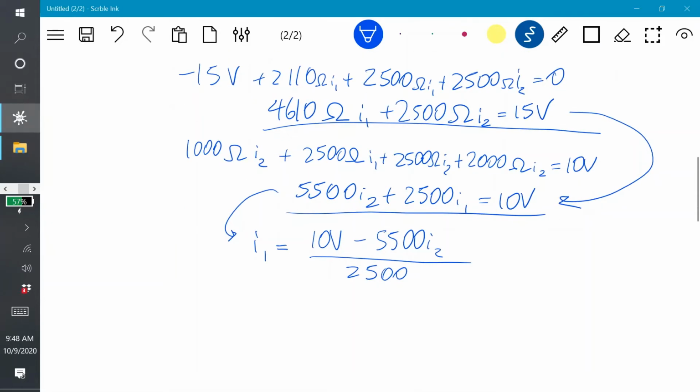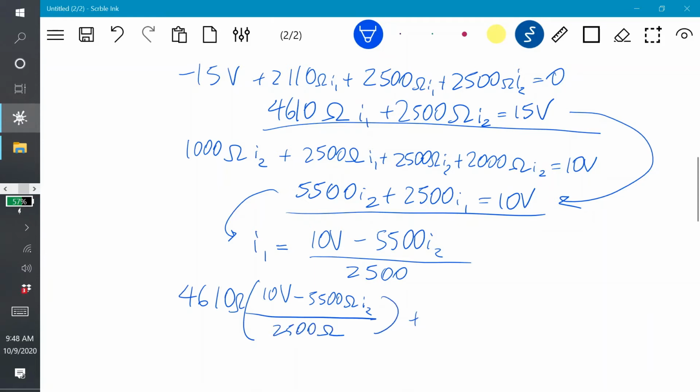So we are going to have 10 volts minus, of course this is ohms, 5500 I2 over 2500 ohms, plus 2500 ohms I2 equals 15 volts.